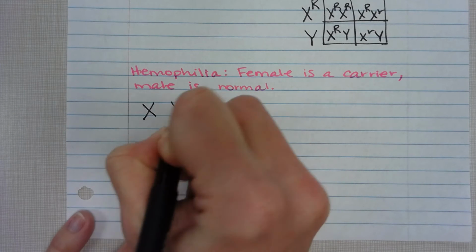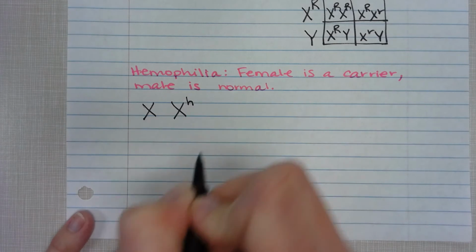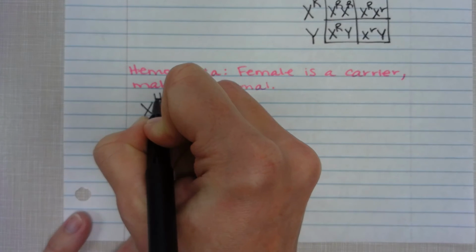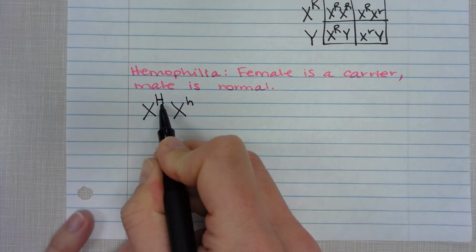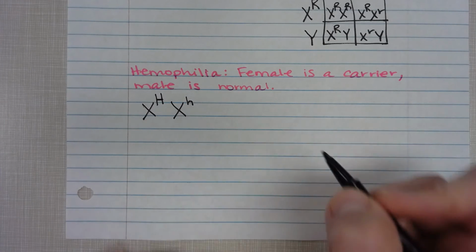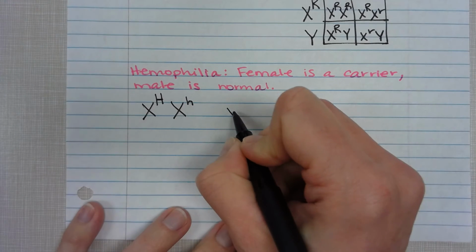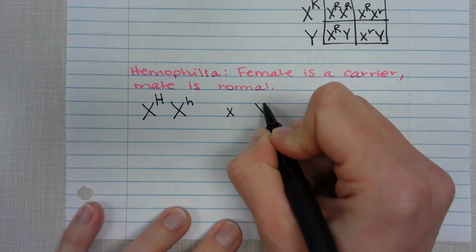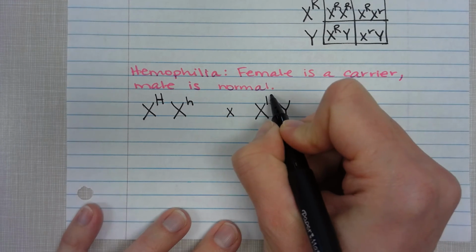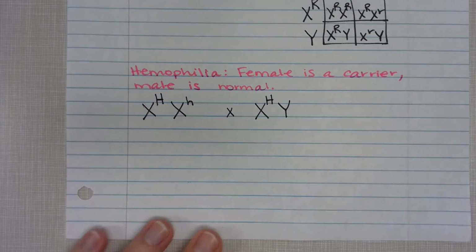Female is a carrier, so she carries the trait of hemophilia, but she has normal blood clot. So capital H for the normal, lowercase is representing hemophilia, in which she is a carrier. She is crossed with a normal male.